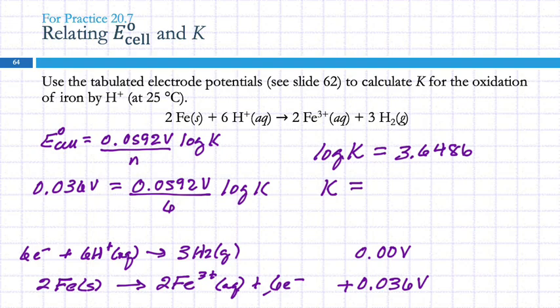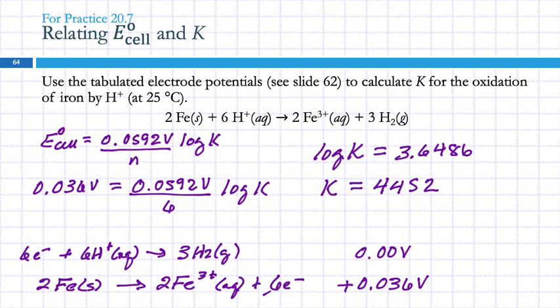I want 10 to the power, which is the anti-log. Four, 452, and there's a bunch of stuff after the decimal point. That's plenty of sig figs.